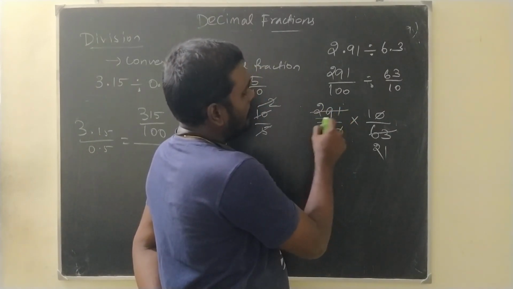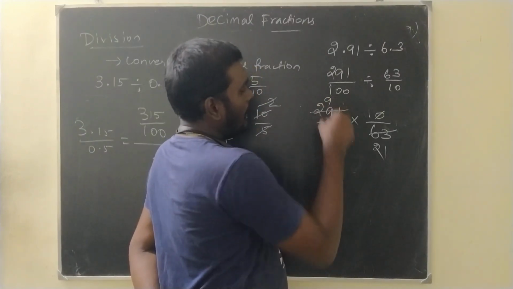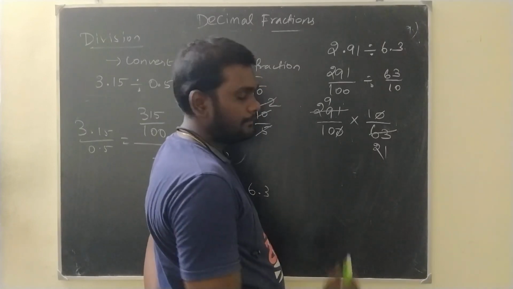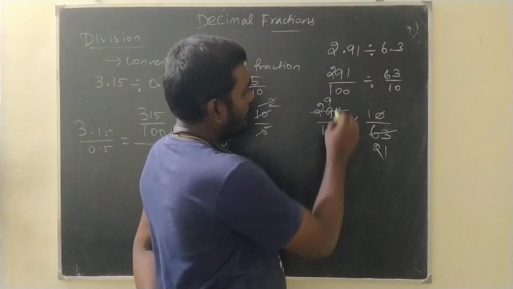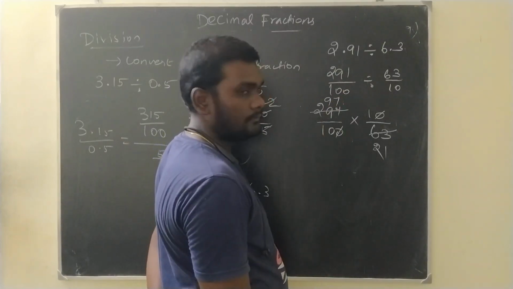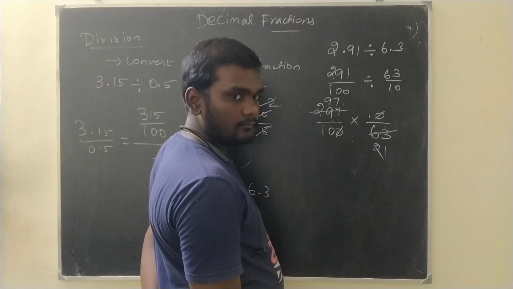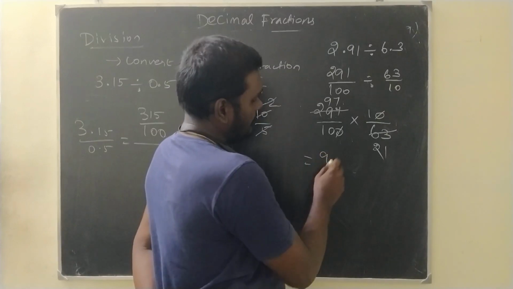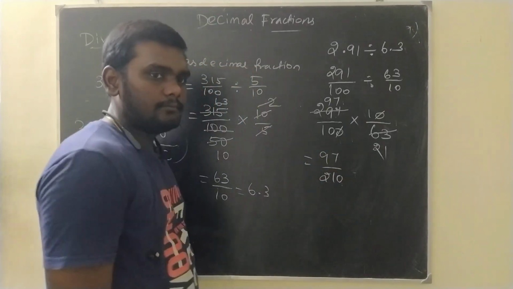Here in 29, how many times is 3 there? 9 3s are 27. Carry over 2. 21. 7 3s are 21. That is all. Then we have 97 by 210 as the answer.